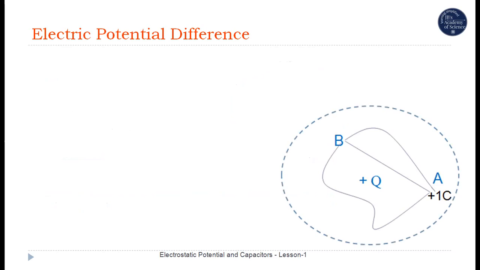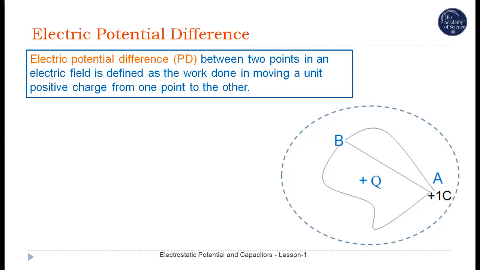Now, we are moving 1 coulomb charge, that is a unit positive charge, from one point to another point, from A to B. This work done in moving this charge from A to B, or from one point to another point in an electric field, is called electric potential difference. So it is the work done in moving a unit positive charge from one point to the other point.